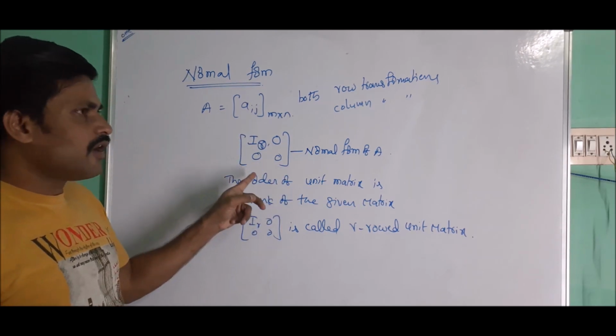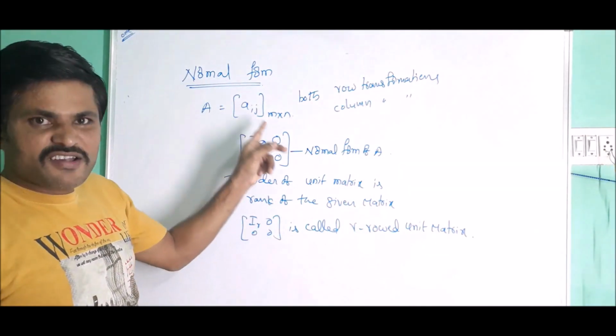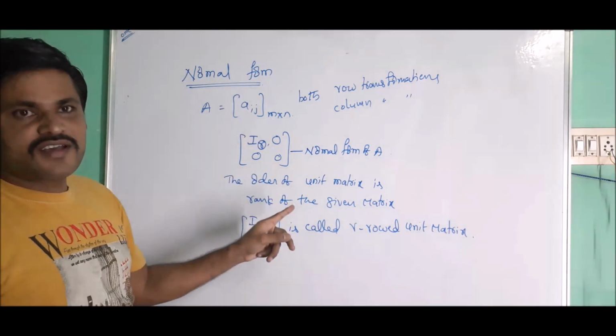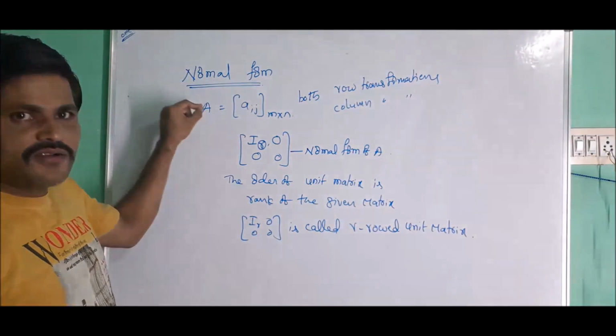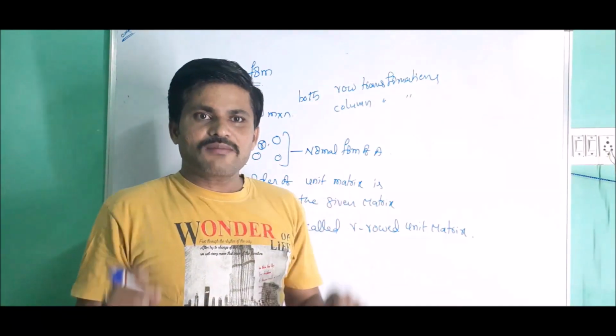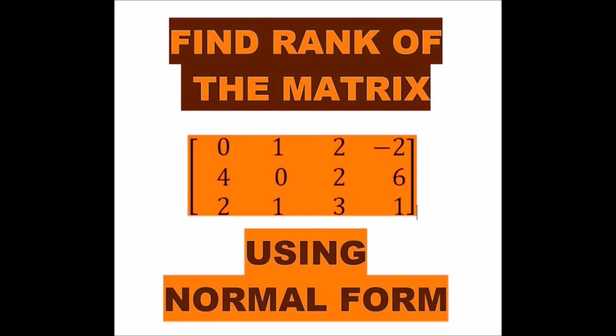This form is called the normal form of the matrix. Here r is the order of the unit matrix and we say that r is the rank of the given matrix. This is the definition of normal form to find the rank of the given matrix.